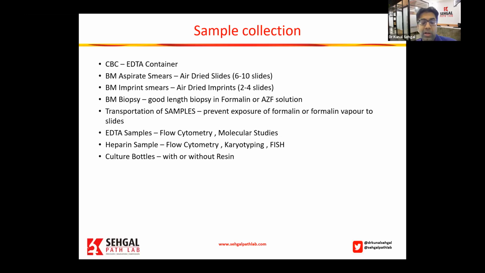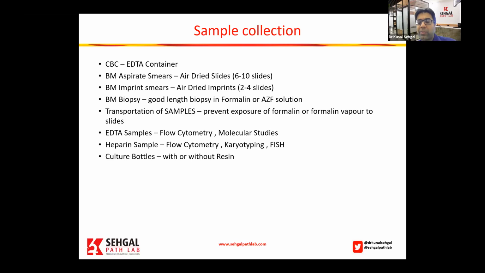Now, being in a private lab, one of the biggest challenges we face is the transportation of samples. Often the practice in our country is to put these biopsies into these urine-like sterile containers. Often these are not leak-proof containers and they may often leak. And the challenge we face is even the formalin vapor. You may have put the slides into a box, you may have put the slides into a tissue paper wrapped.